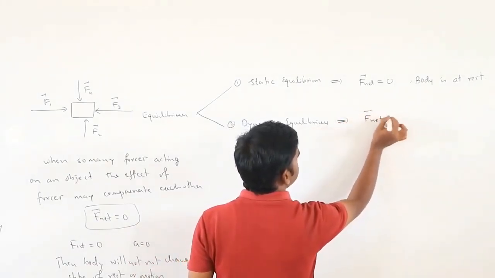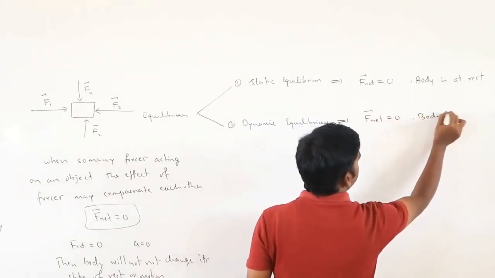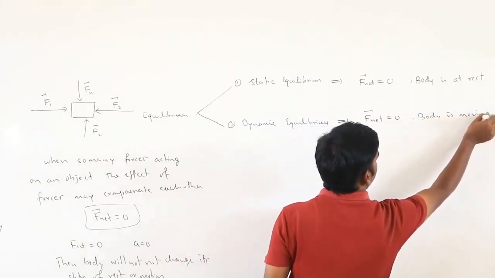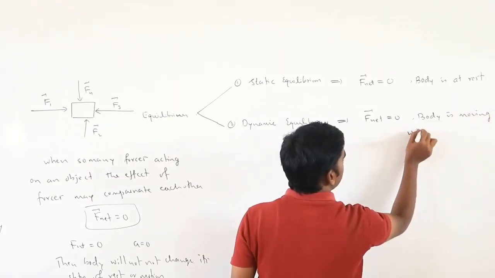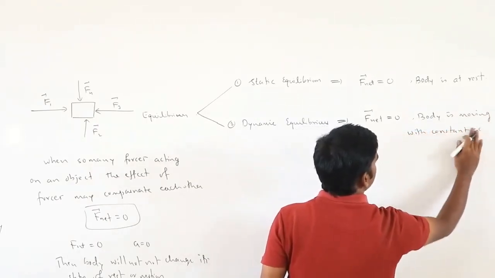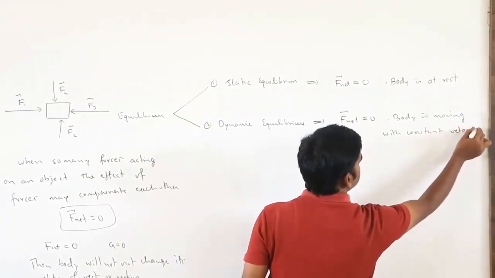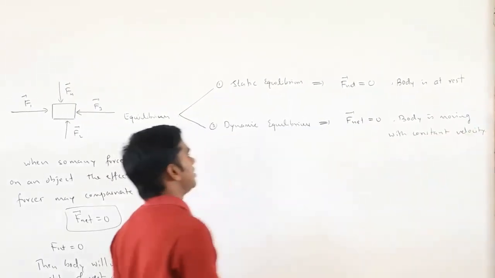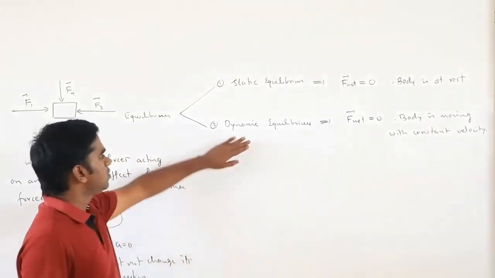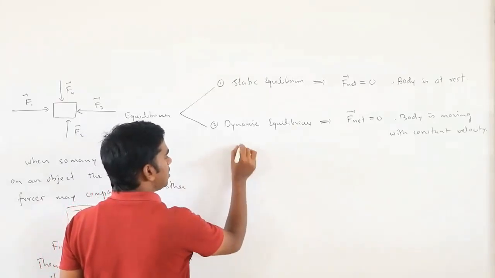Obviously F net is equal to 0, but the body is moving with constant velocity. That means it is in uniform motion. That is why this is called dynamic equilibrium.